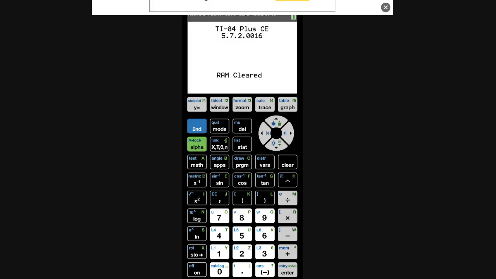Okay, so we're going to clear the calculator like that. And then anytime you want to enter a fraction in a calculator, I highly recommend you use the parentheses, a whole bunch. Just get really used to always using parentheses.